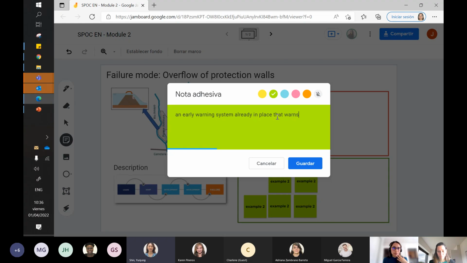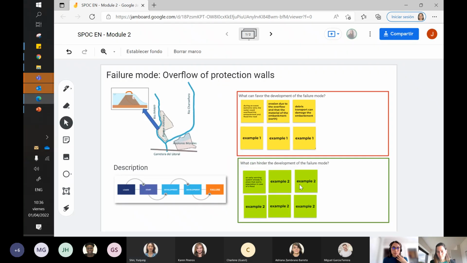Yes, and I think it's a direct response measure, and at the same time a DRR measure. Yes, exactly. So if it is in place right now, it can hinder the development of the failure mode. Mark says, what about providing a buffer area, a sacrificial area that will be allowed to flood in an event?